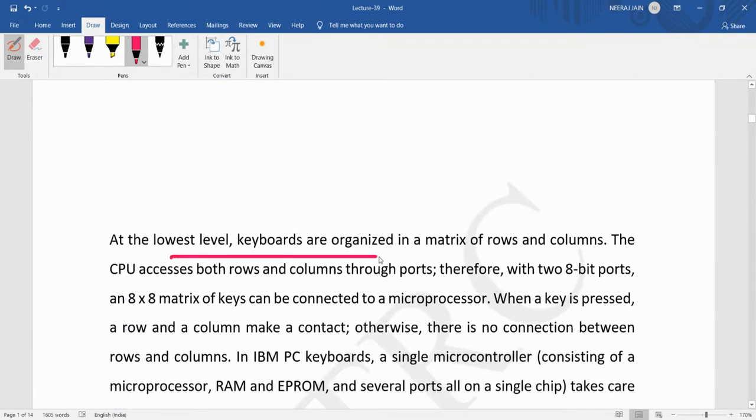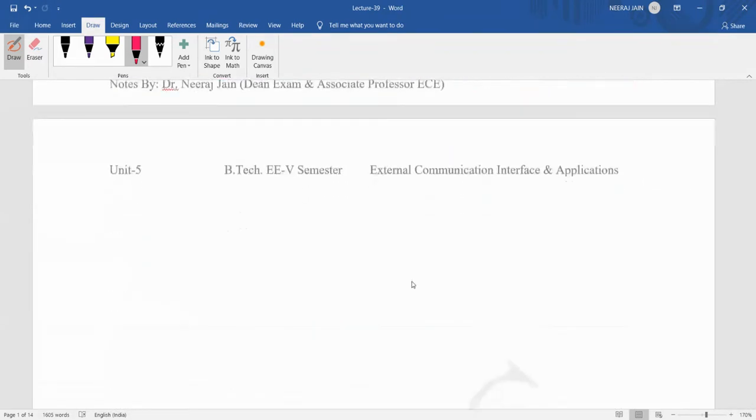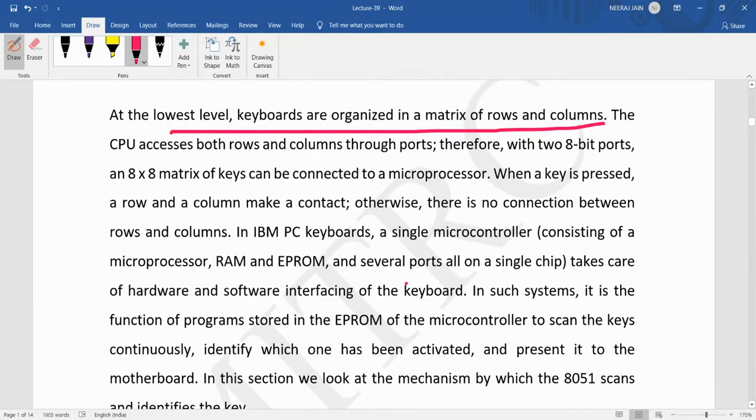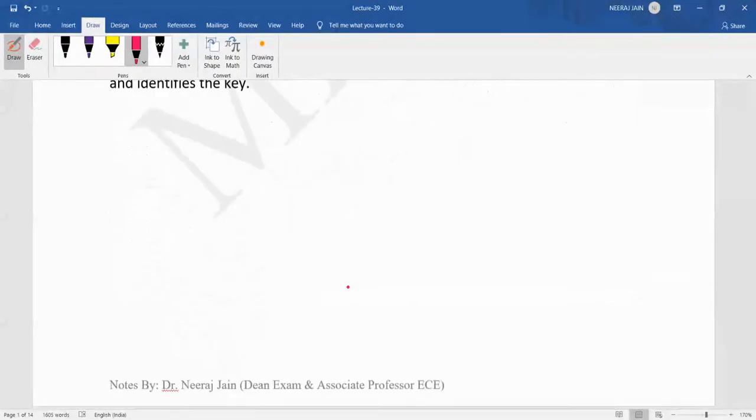At the lowest level, keyboards are organized in a matrix of rows and columns.